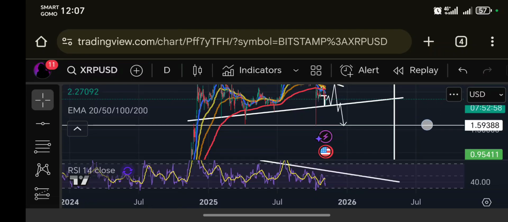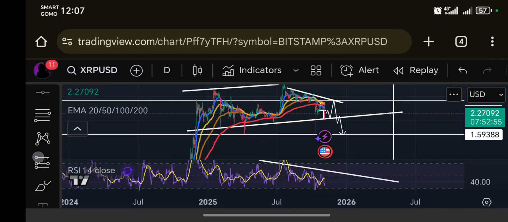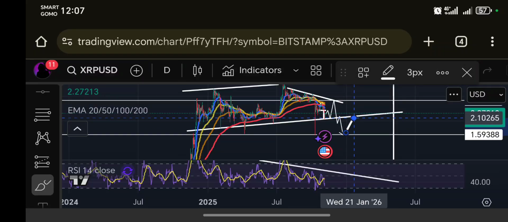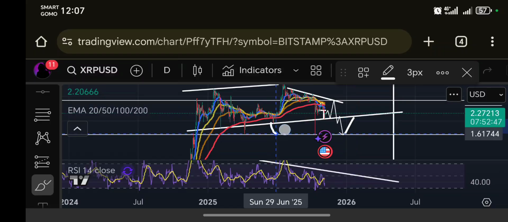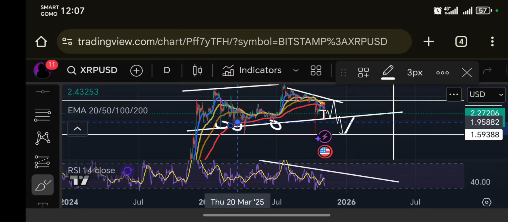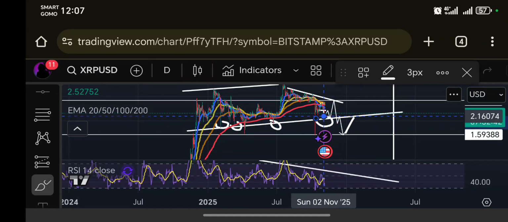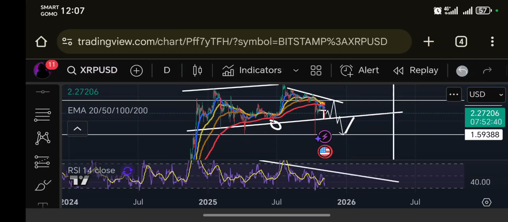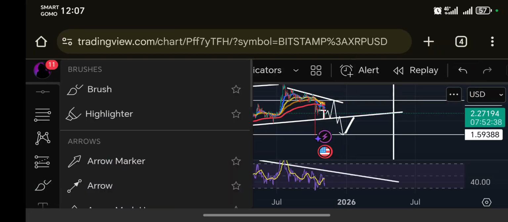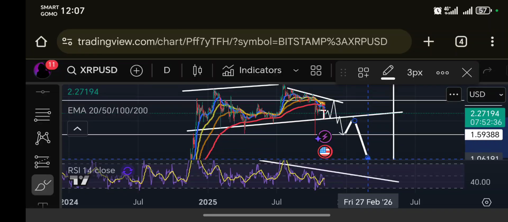Okay, and now what after that? After we're down, we can come back up here, but now this is your resistance, and this is not good. Resistance, look at those candlesticks that trying to hold those support. It's now going to be your resistance, and then you see this one, we gonna dump.